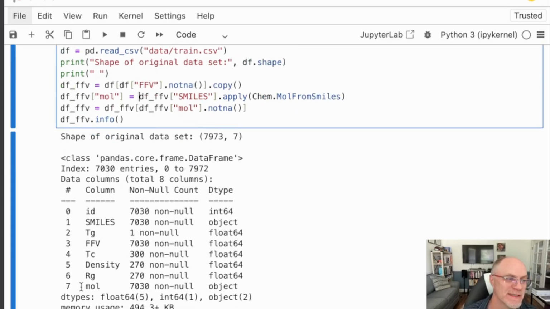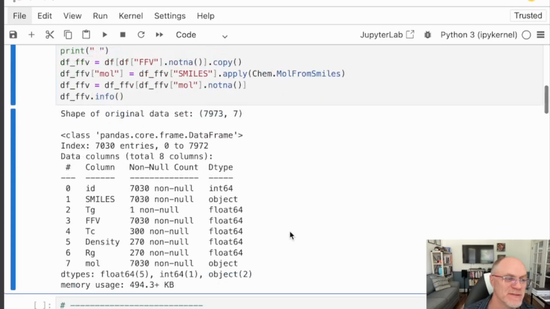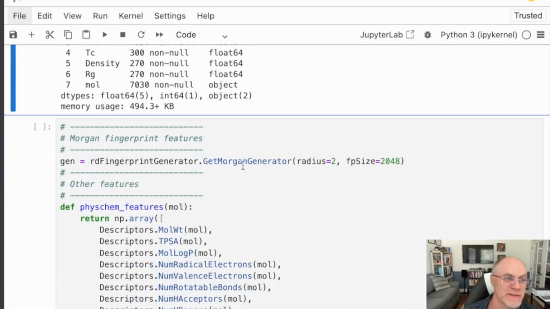So we've got this molecular structure object, and one of the main things you can do is get a fingerprint from it. The fingerprint is a bit vector of 2048 bits that have different information. So it's a shorthand way to get a lot of key information about it, but that doesn't tell you everything.